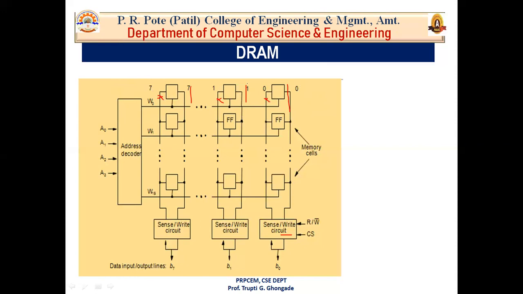Bit line B0, bit line B1 up to bit line B7 are all connected to a sense amplifier circuit through these bit lines. So we have different columns denoted by B0, B1 up to B7, and all these cells are connected to a sense amplifier circuit.